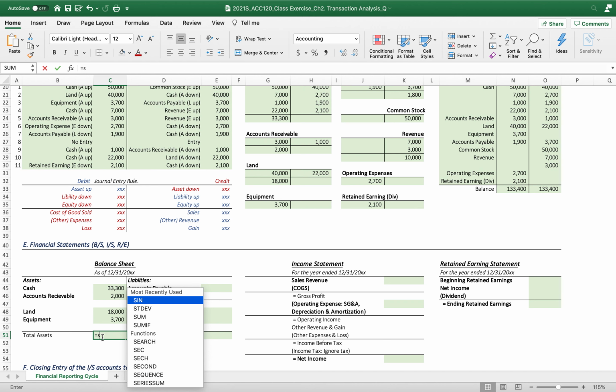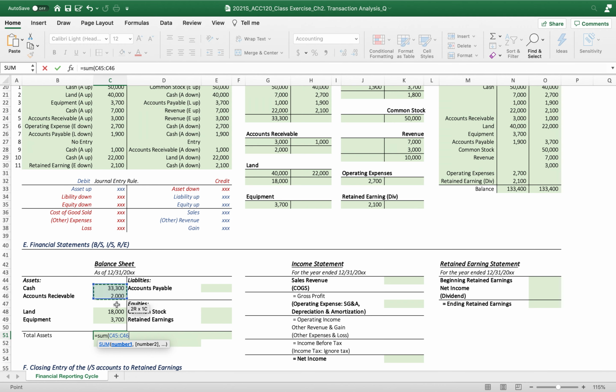So the total asset is 57,000. We also want to double check the balance between asset and liability plus equity. Asset is equal to liability plus equity, so liability plus equity should be the $57,000 as well.